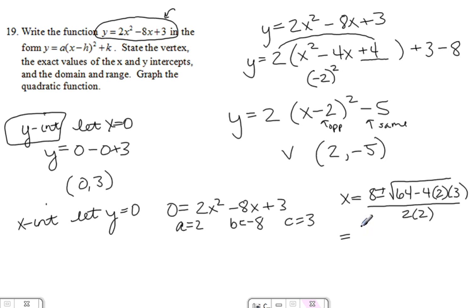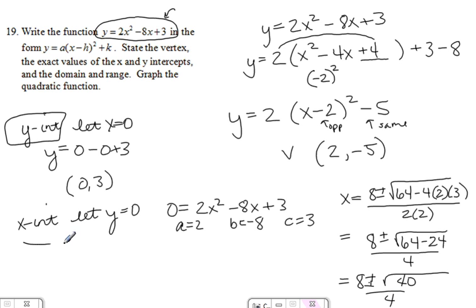So that's going to give me 8 plus or minus the square root of 64 minus 24 all over 4, which would then be 8 plus or minus the square root of 40 over 4. And then to simplify that, first simplify that radical.